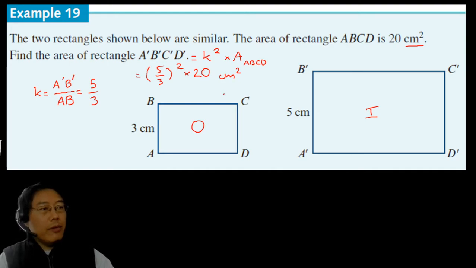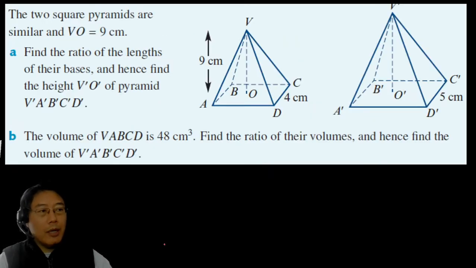Alright, so we have that for the ratio applied to areas. Next one is about volume. It's very important you look at the shapes, and look at the value that you know.